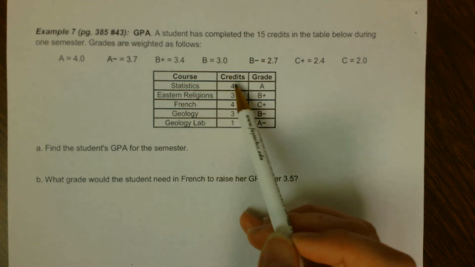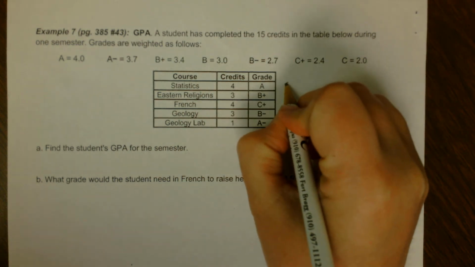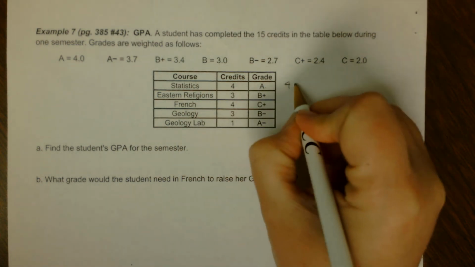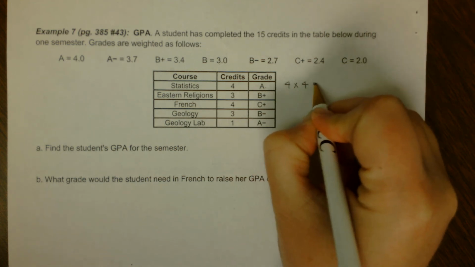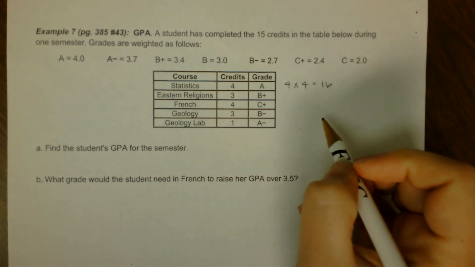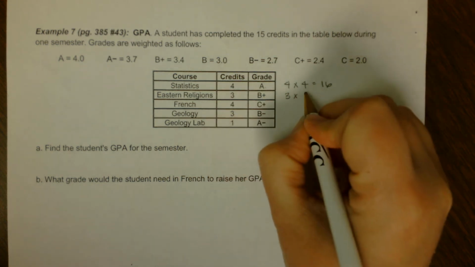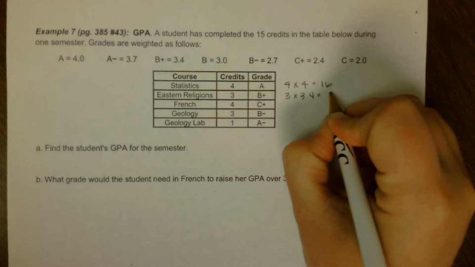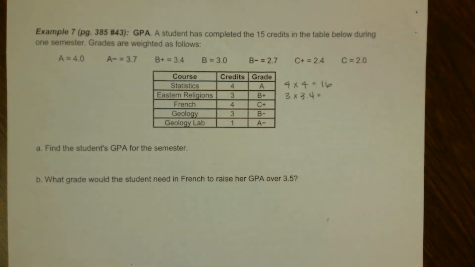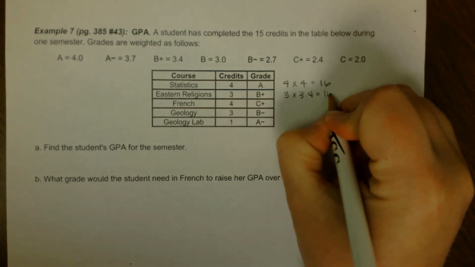Okay, so for statistics, it was 4 credits, a grade of A, which gives 4 points, instead of 16 grade points. 3 credits and a B plus gives you 3.4. So that is 10.2.